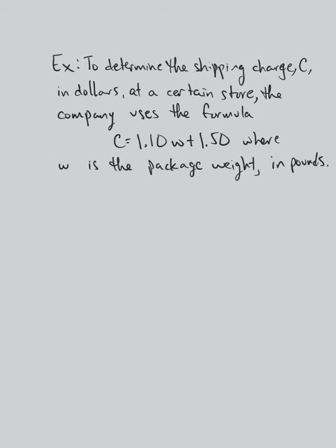Now this is a very common word problem type. The key thing is the problem gives us the equation that we're going to be working with. You don't have to spend time thinking about why that equation, or what the numbers mean.